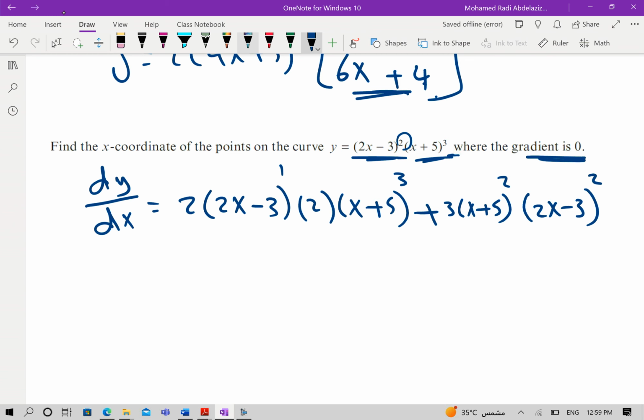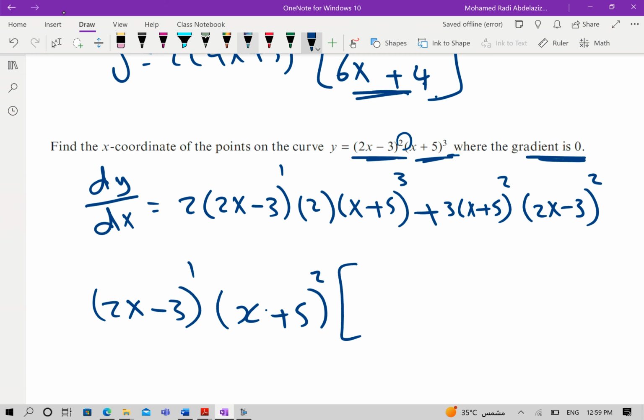Common factor: first, (2x minus 3) to the power of 1. What else? (x plus 5) to the power of 2, then open bracket.